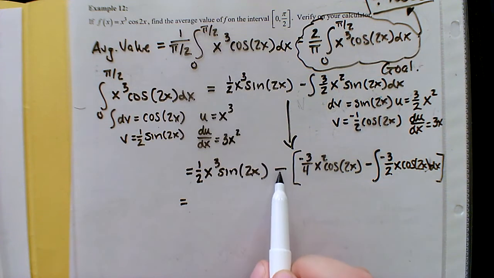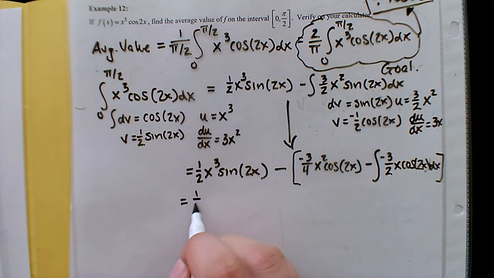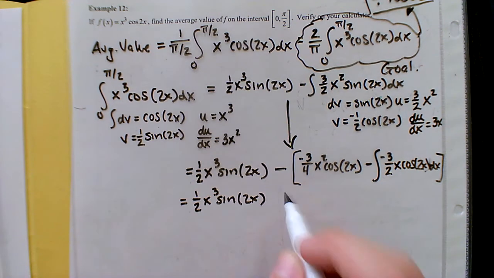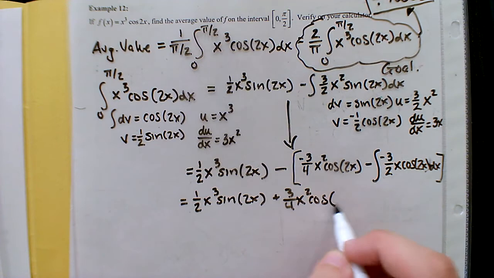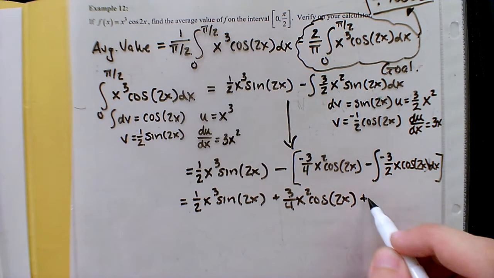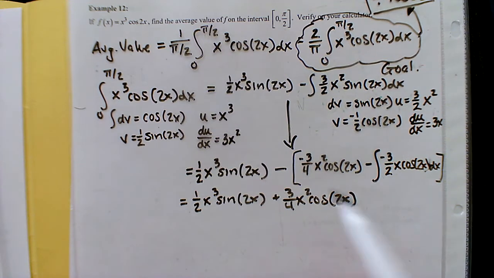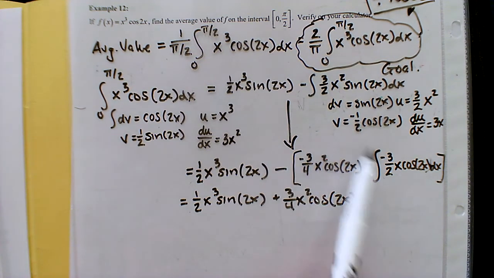Okay. Maybe let's go ahead and distribute in that subtraction to get rid of those brackets. Let's try this. If I distribute the negative into the integral, that would change to a positive.